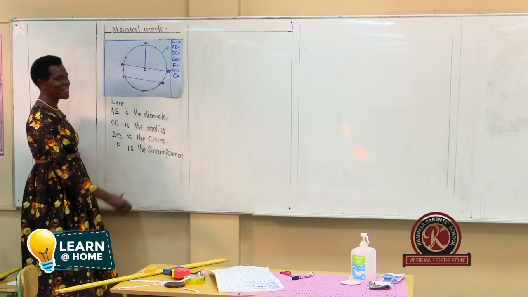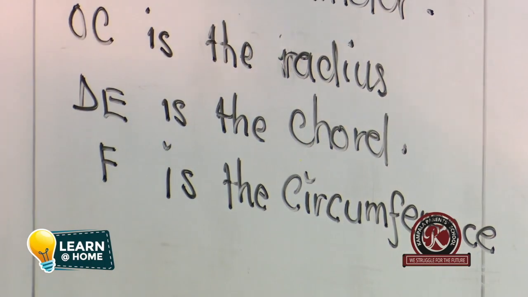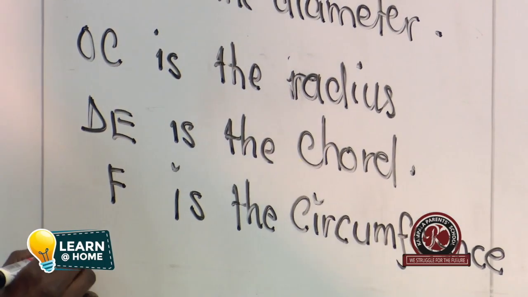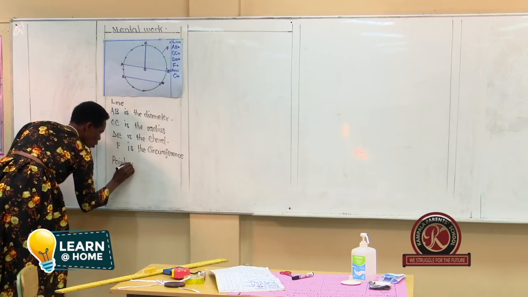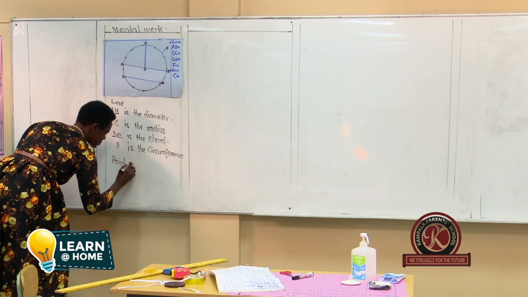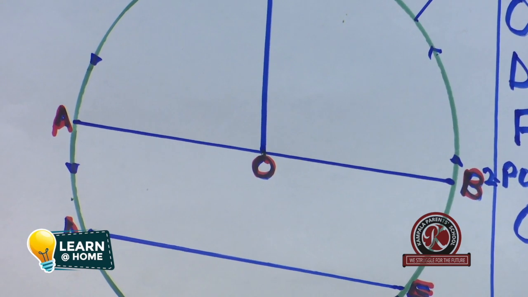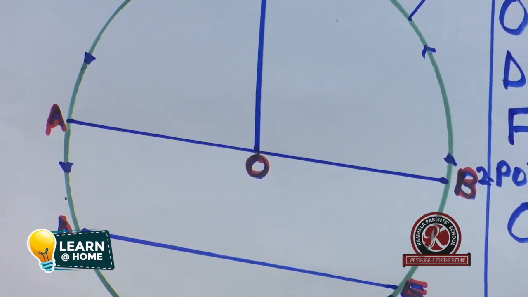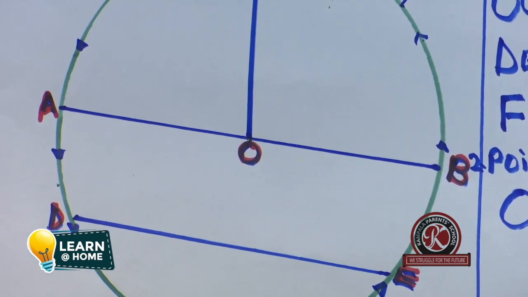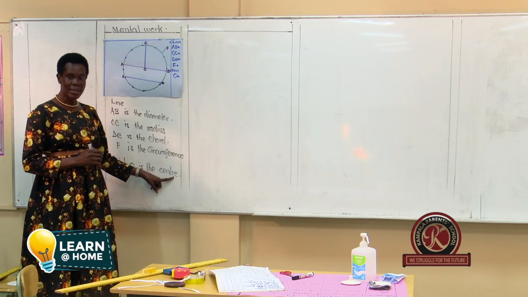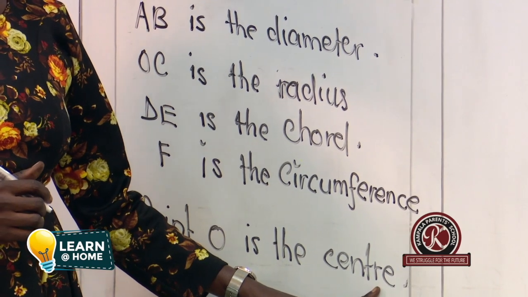C-I-R-C-U-M-F-E-R-E-N-C-E, circumference. Then the last one, point O, is the center. Look at the spelling of center properly. The last three letters are T-R-E, not T-E-R.